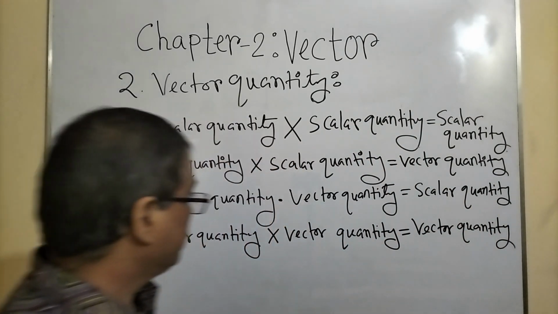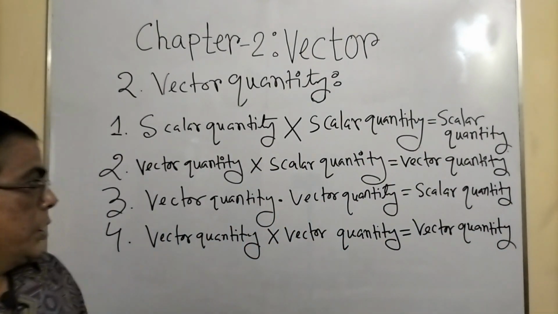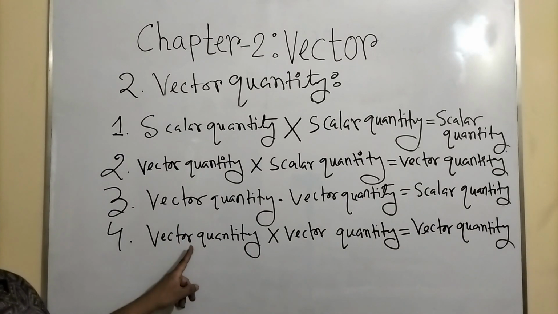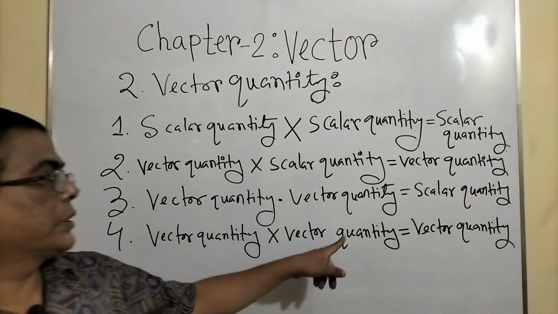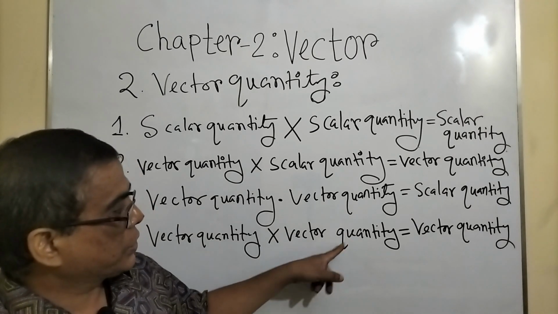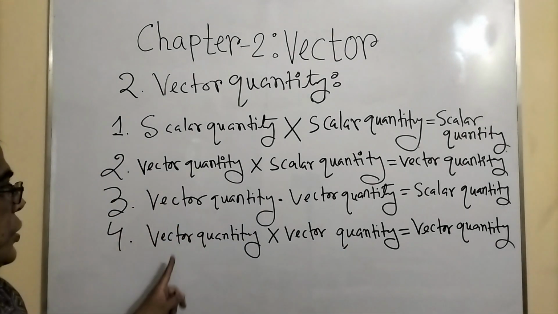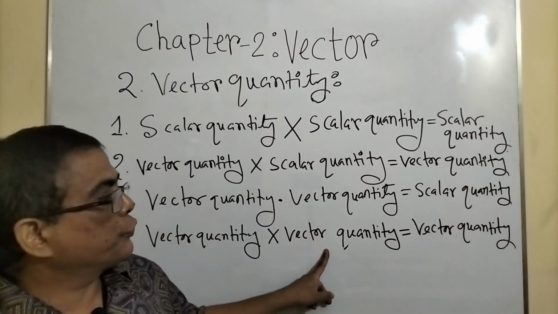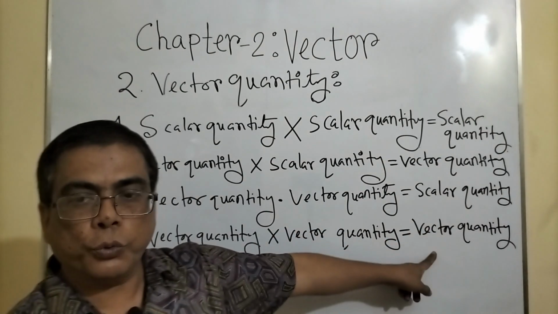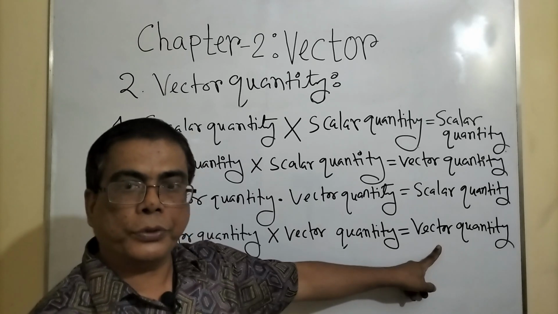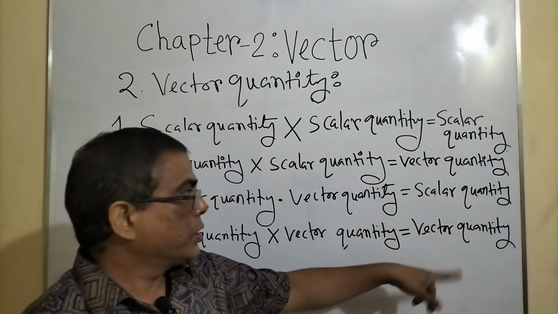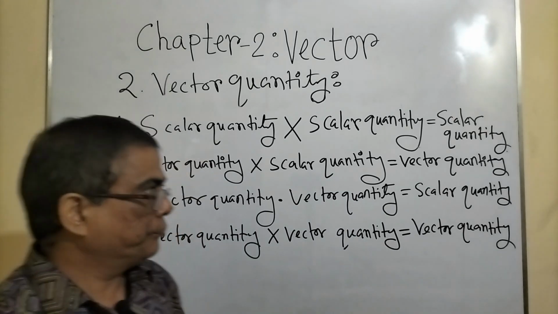Why? In this multiplication, the vector quantity has a magnitude and direction. If a magnitude and direction is multiplied by another magnitude and direction, the product will also have a magnitude and a direction. That's why this is a vector quantity.